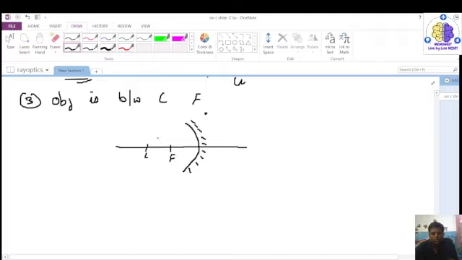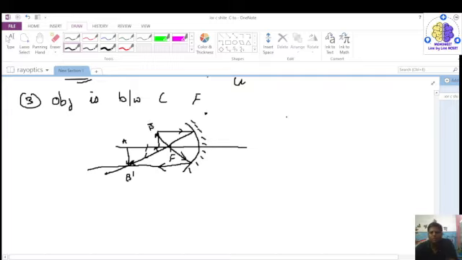This is the focus. This is the object. Light ray traveling parallel to the principal axis after reflection passes through the focus, right? And another light ray which is passing through the focus after reflection travels parallel to the principal axis, right? So the image will be formed somewhere here. It is your A dash and B dash. This is your object, so it will be A, B.